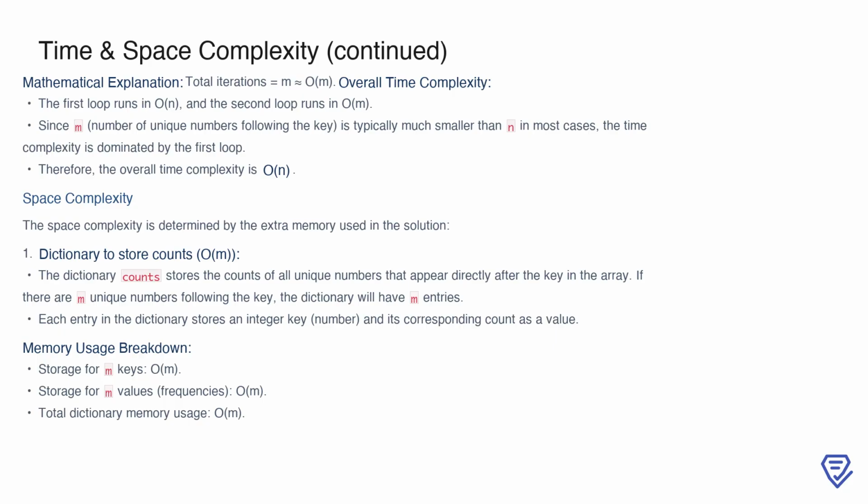Now, looking at the space complexity, the primary contributor is the dictionary used to store the counts of numbers following the key. If there are m unique numbers that appear after the key, the dictionary will have m entries. Each entry consists of a key-value pair where the key is a number, and the value is its frequency. Thus, the memory required for this dictionary is proportional to m. Specifically, storing m keys and their corresponding values results in a space complexity of O(m).